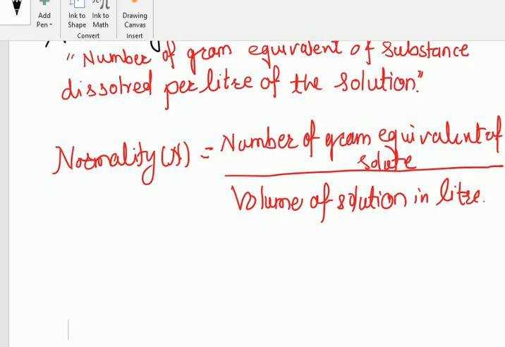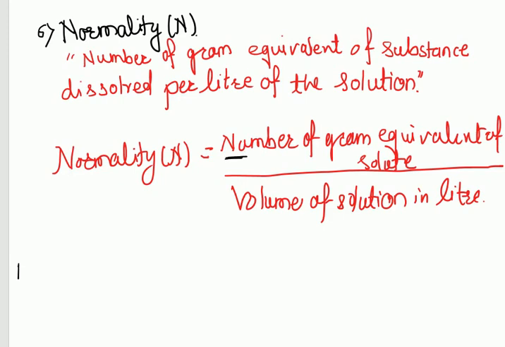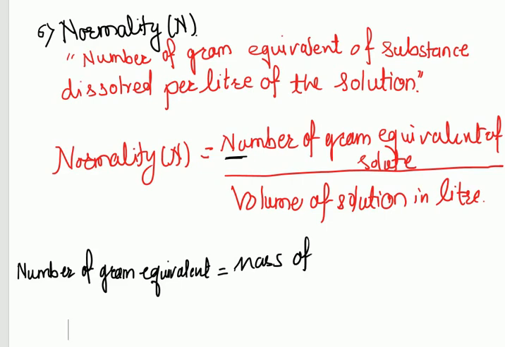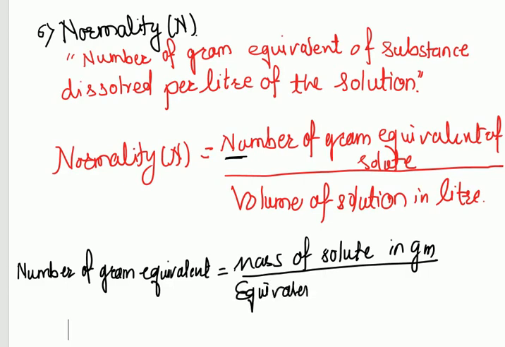Number of gram equivalents is equal to mass of solute in gram upon equivalent weight of the solute. इक्विवेलेंट वेट कैसे डिटरमाइन करते हैं?